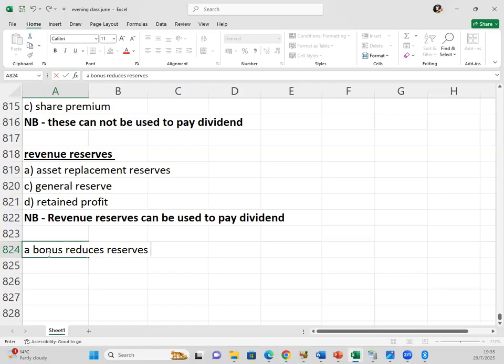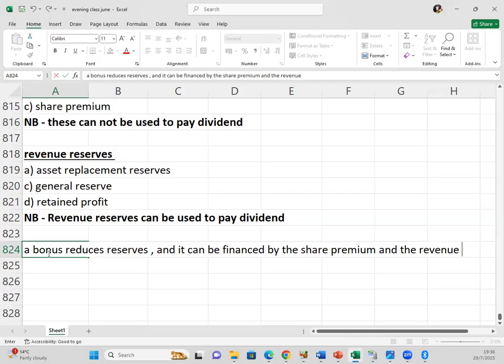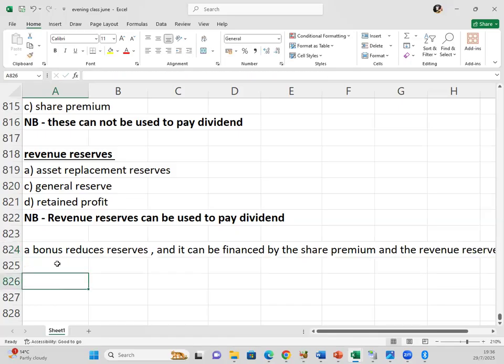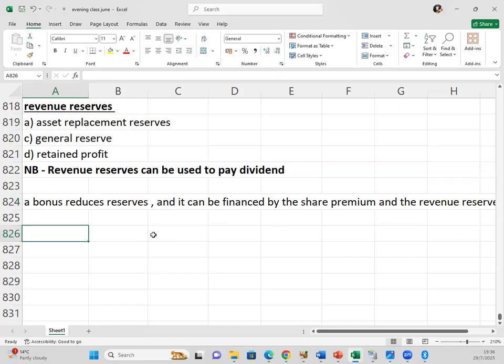A bonus issue can be financed by the share premium and the revenue reserves. So the revenue reserves and the share premium can finance the bonus issue. So let's have an example.